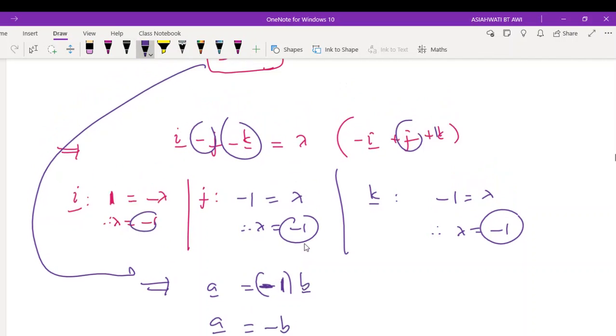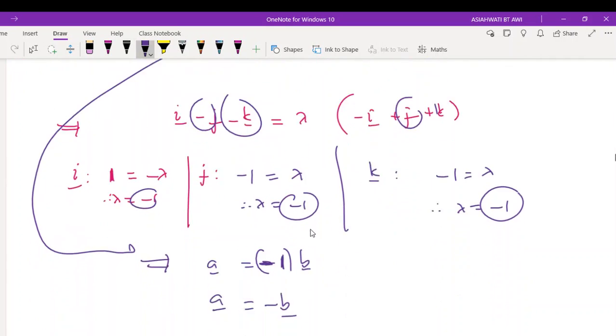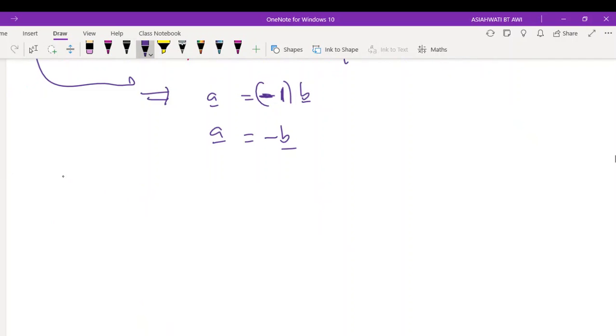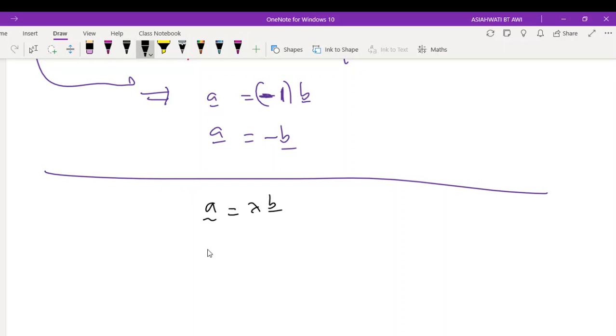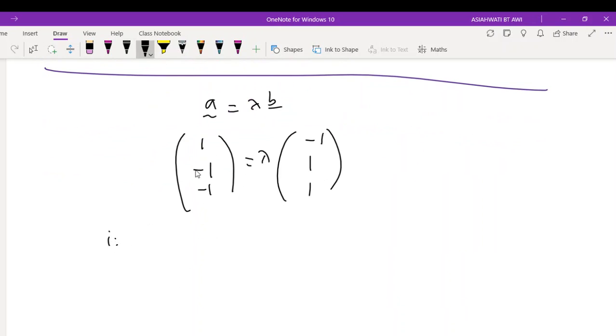This is the way we write it, if you want to write in this form: vector A equals lambda vector B. So, component i, component j, component k. Component i, 1 equals negative lambda, therefore lambda is equal to 1.